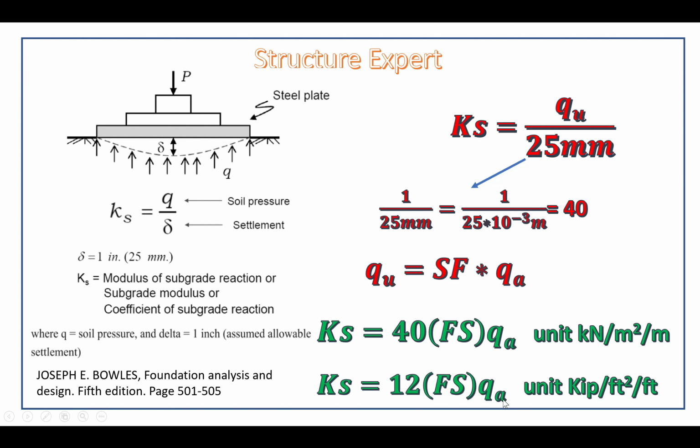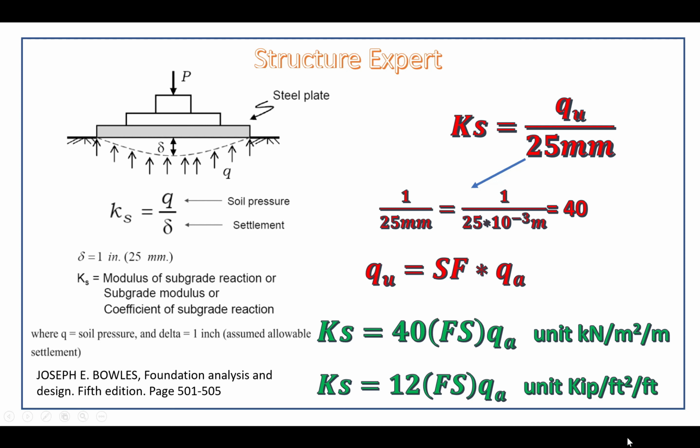allowable soil bearing capacity. So S can be equal to 2, or 2.5, or 3, or 4 according to the soil report. You can use your judgment, or the geotechnical engineer provides you that safety factor.